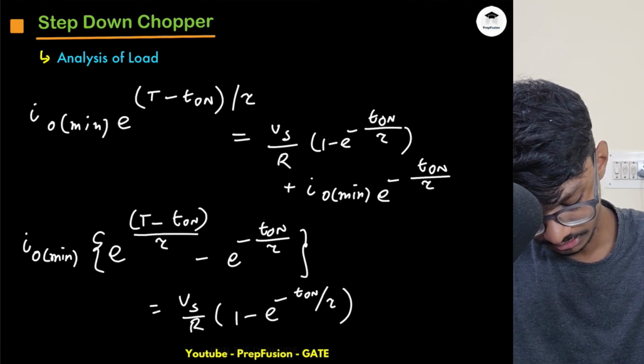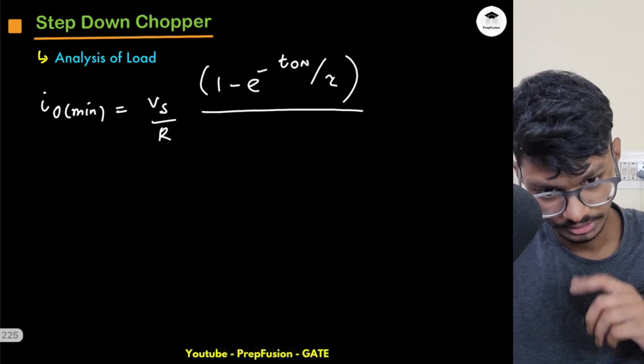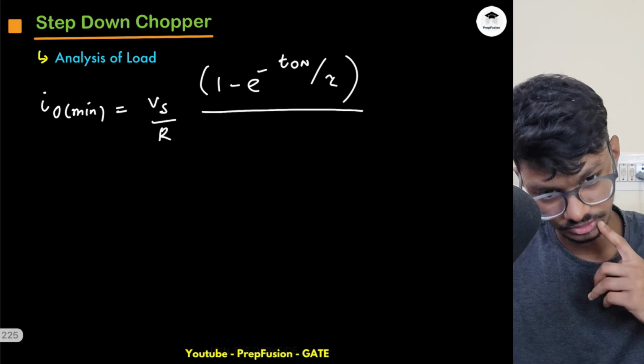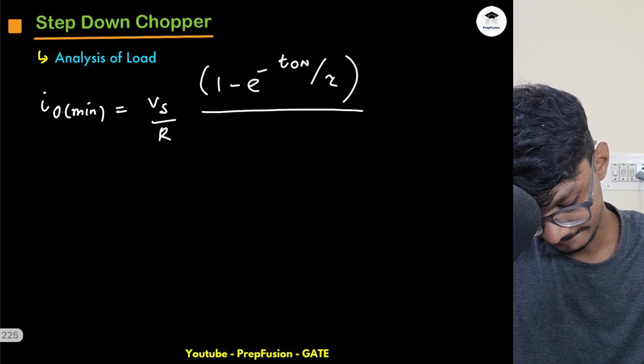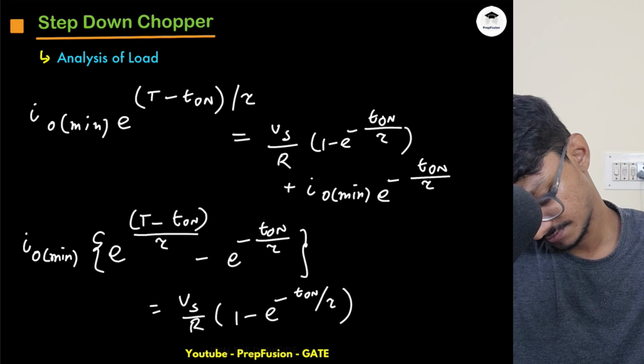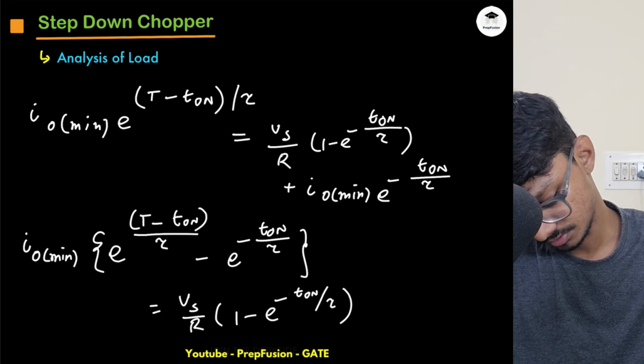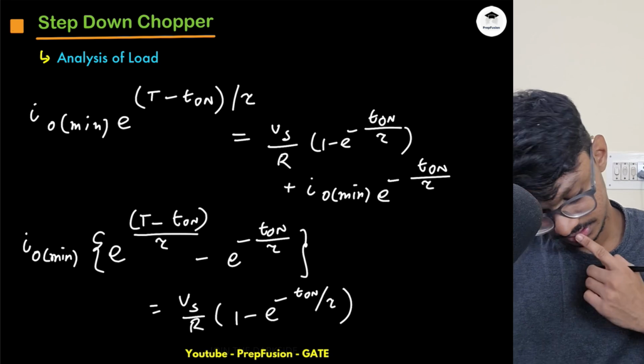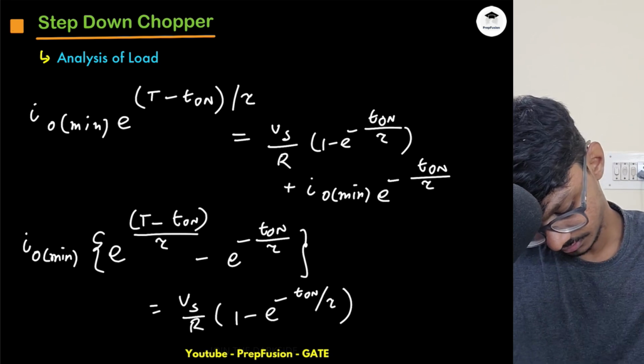So what I can do is take the e raised to power T on common. If I take e raised to power T on common, I will get some value like this. Should I take e raised to power T on common? Yeah, I should take it common. But what else can I do? T minus T on, right?